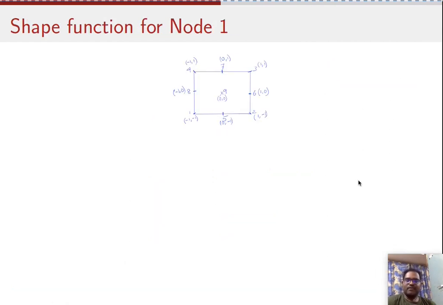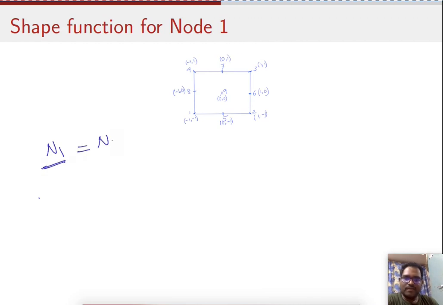So we'll try to find out the shape function for the first node. For the first node, we'll go for n1, the shape function of the first node.